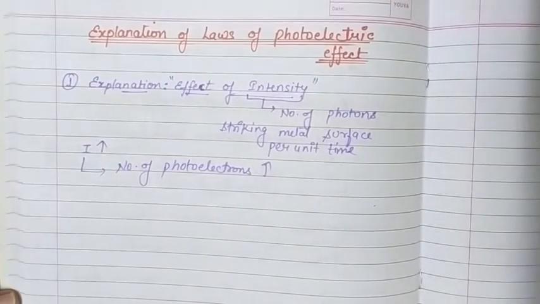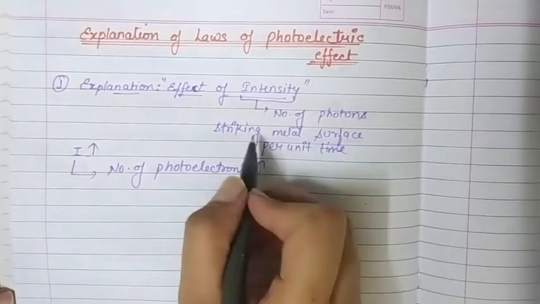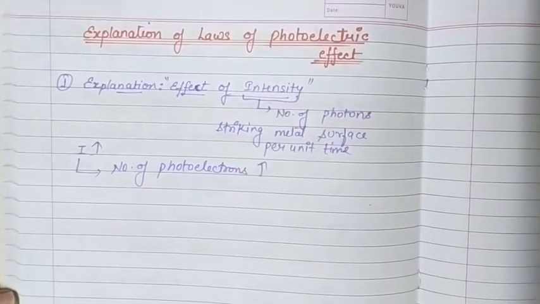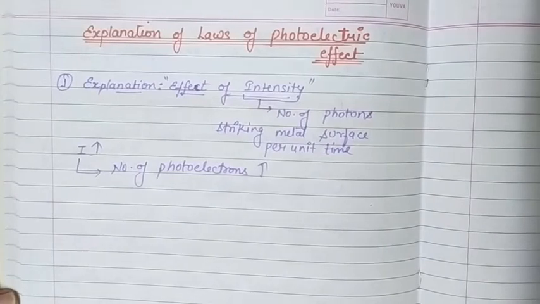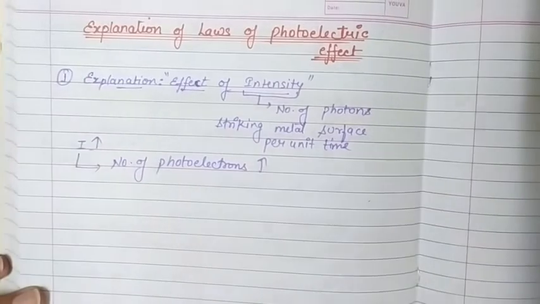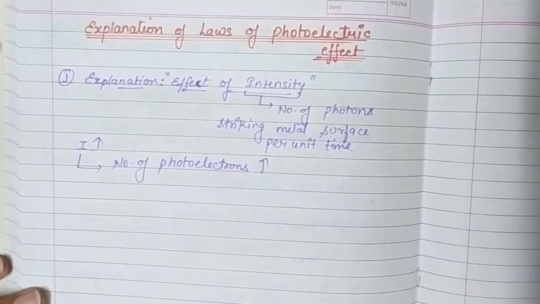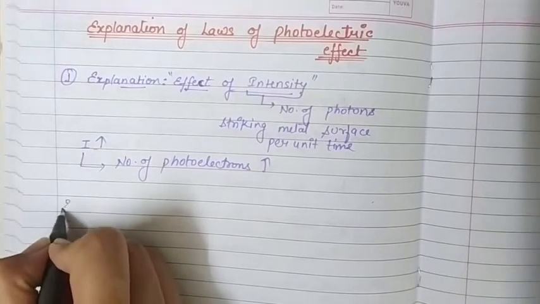So this is the conclusion: if we increase the intensity, we are increasing the number of photons, and since each photon interacts with one electron, more photons will cause more interactions with electrons, right? So more electrons will be interacted with by the photons. Because of that, we will get more photoelectrons.